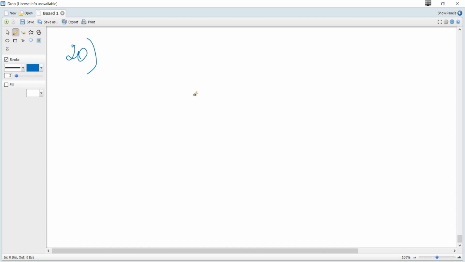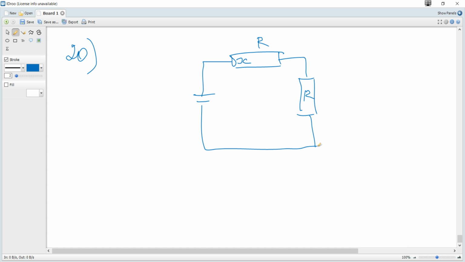So it is given the next: cell, X, another resistor, and they are of equal resistance, and another cell here, E and 2E. Two resistors of equal resistance R, two cells.